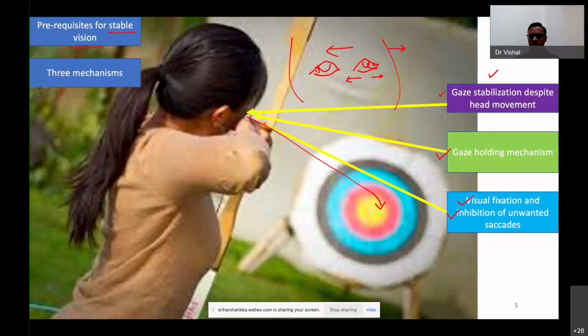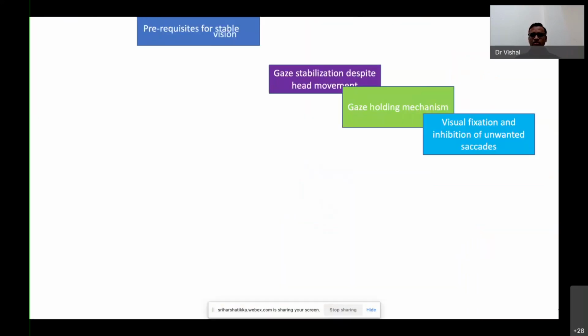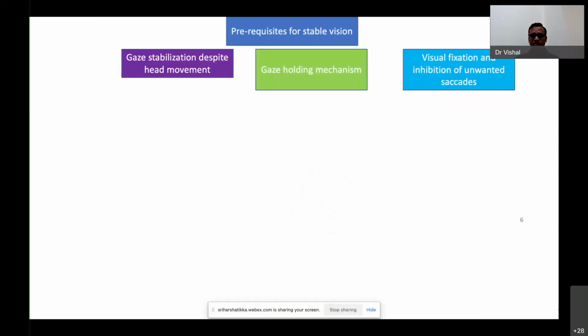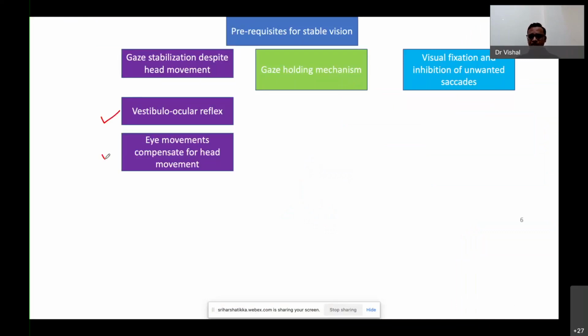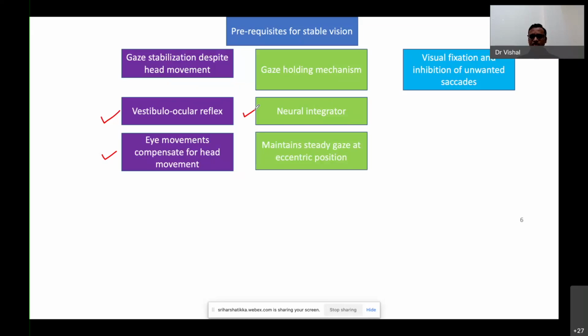So let us see which structures are needed for these prerequisites for stable vision. We need the vestibulo-ocular reflex for gaze stabilization despite head movement; the eye movements compensate for the head movement. The gaze holding mechanism is the neural integrator, which helps maintain a steady gaze at an eccentric position.